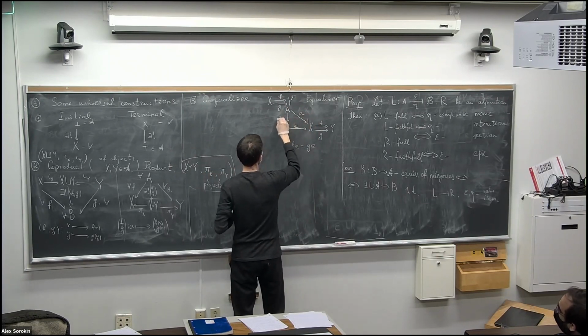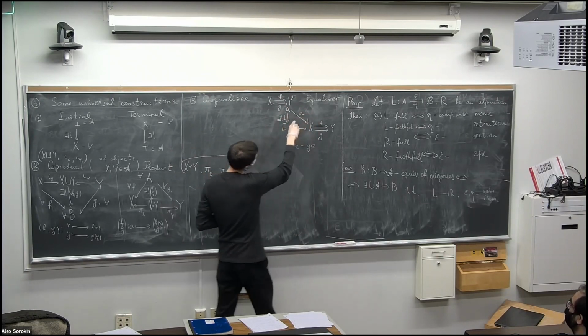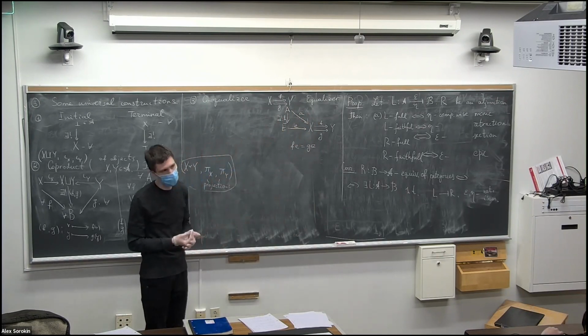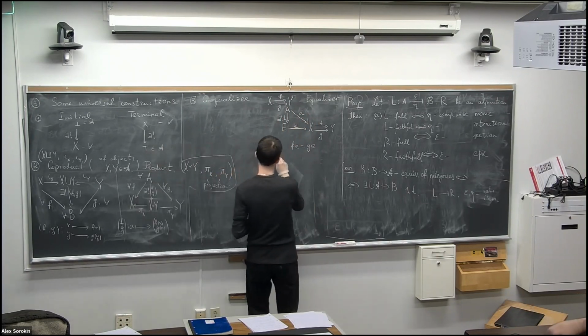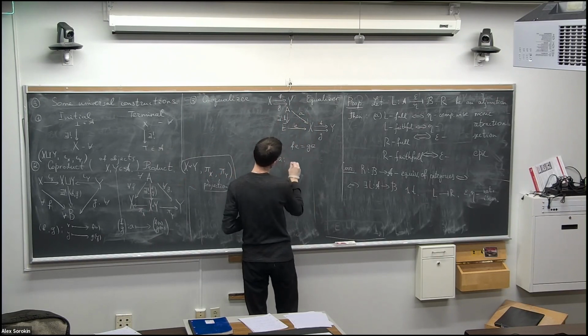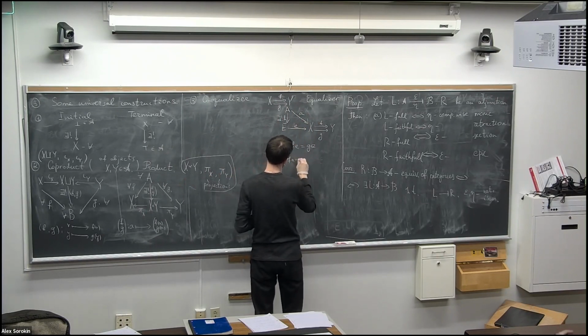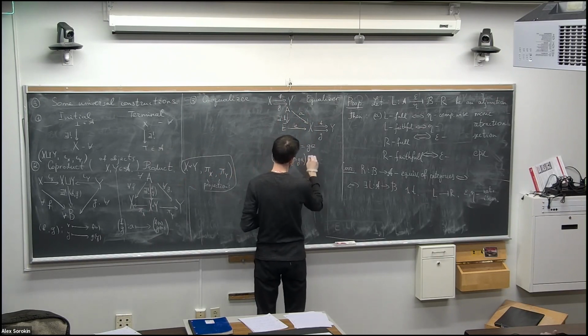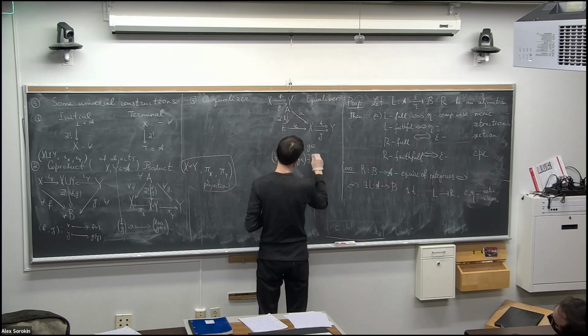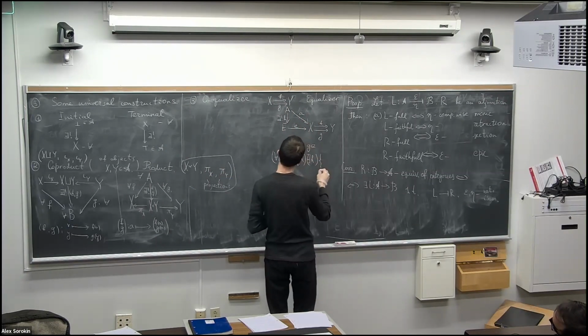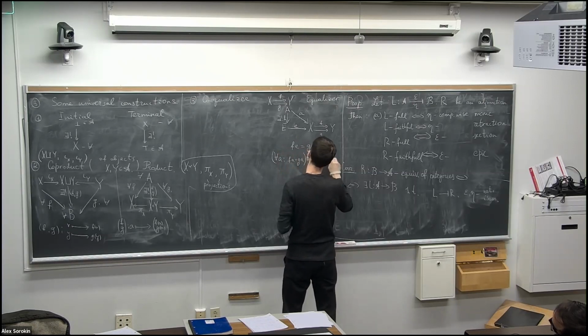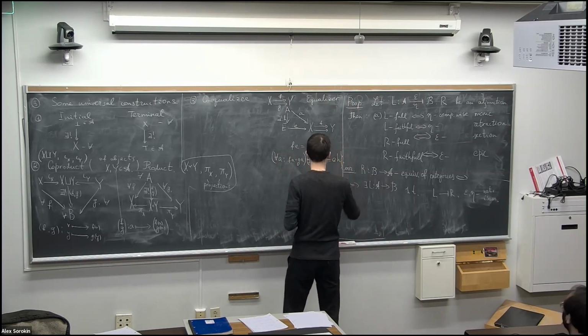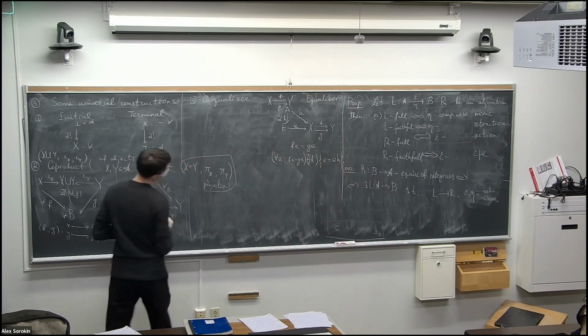there will exist a unique H, making the triangle commutative. And whenever for any A such that FA equals GA, there exists H such that A equals EH. That's the statement about the equalizer.